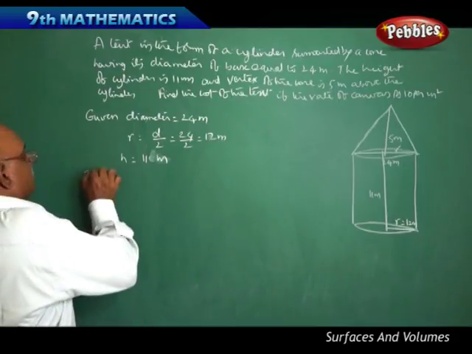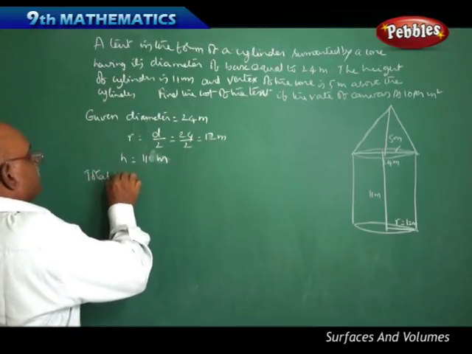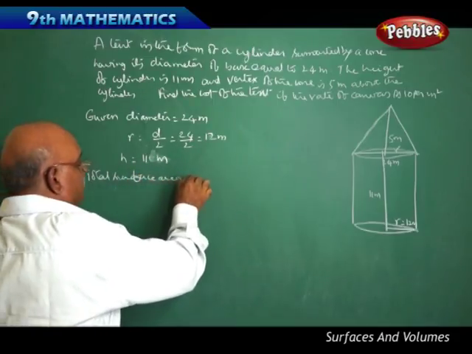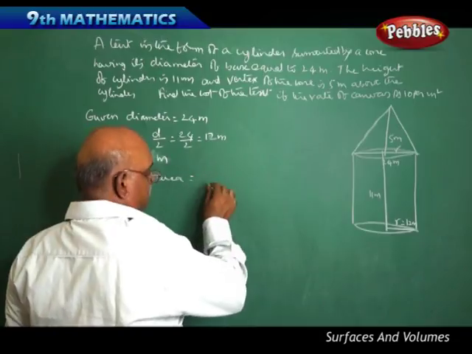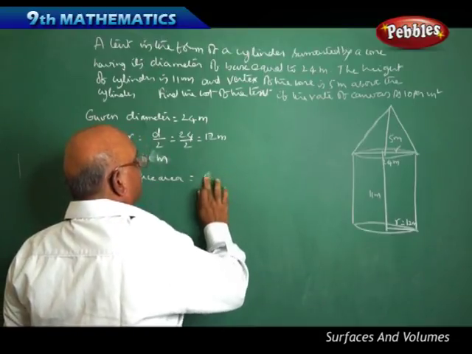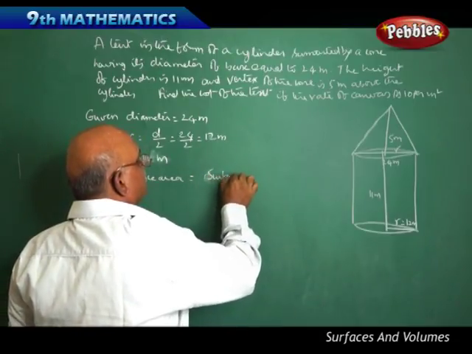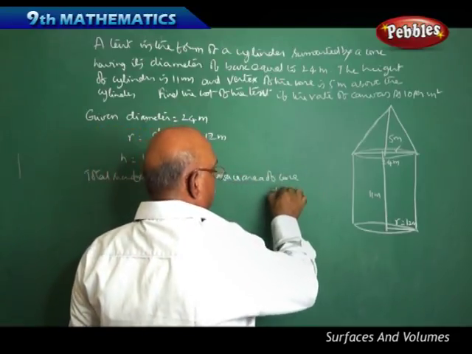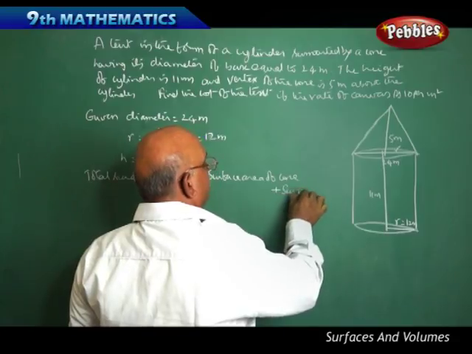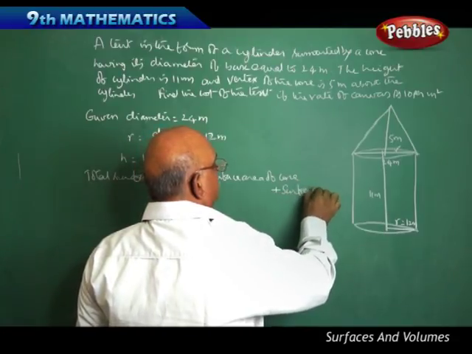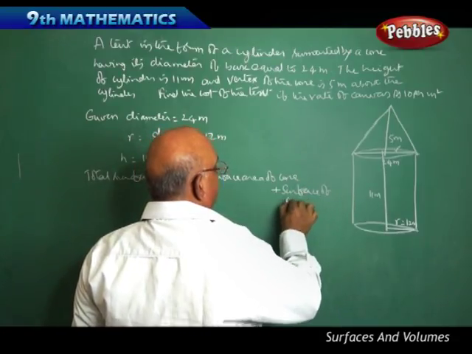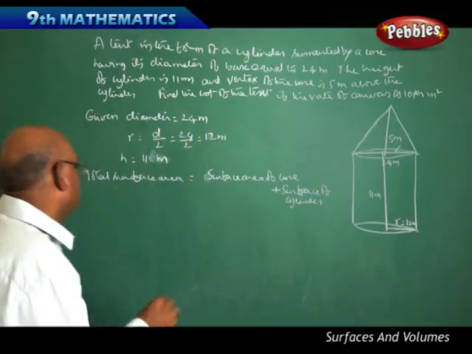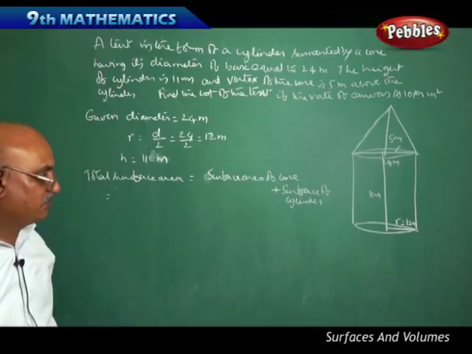Therefore the total surface area is equal to the surface area of a cone plus the surface area of a cylinder. If we are able to think about it, my problem is solved.